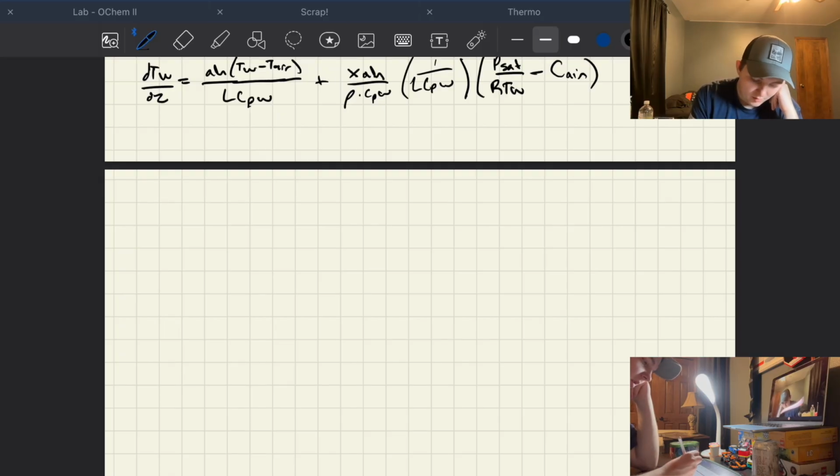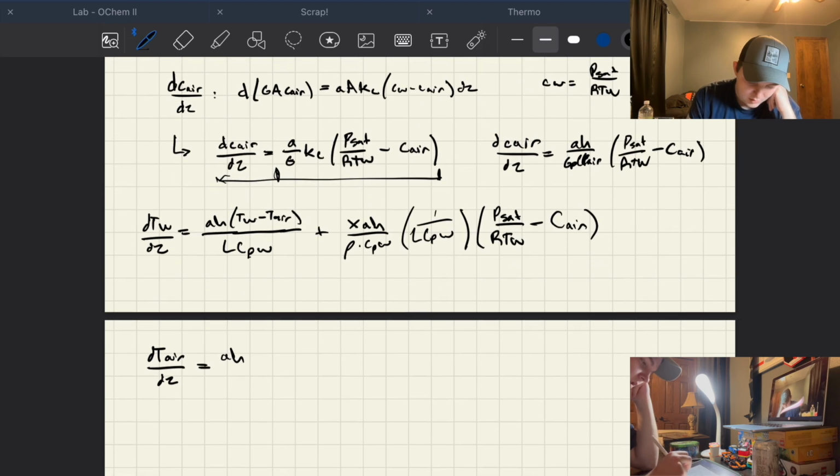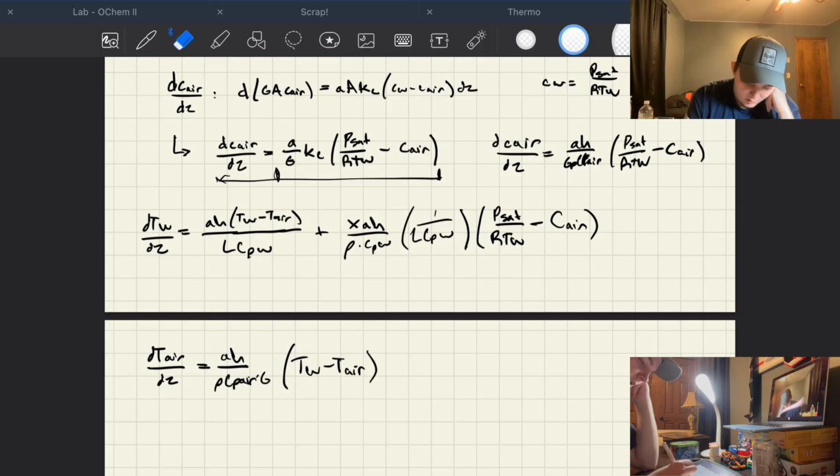Okay, and then finally we can do our last term, which is going to be our dT air over dz, equal to AH over, or wait, sorry, not over dz, over rho cp air times G, times TW minus T air, dz.